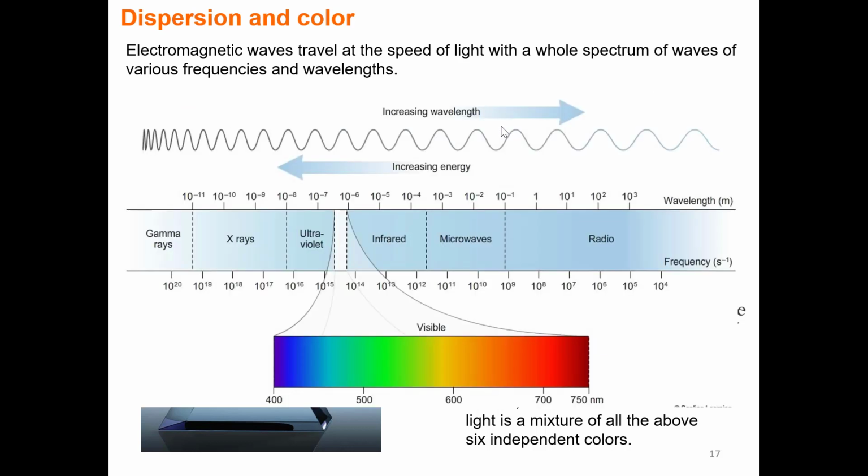And this is the whole electromagnetic spectrum, and all these waves travel at the speed of the light, from gamma to radio signal.